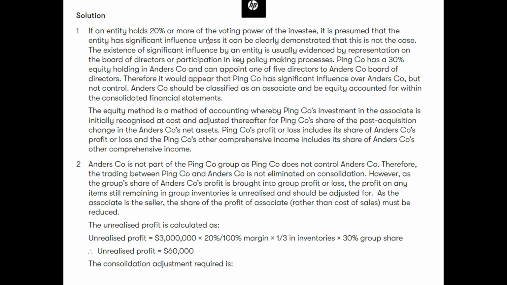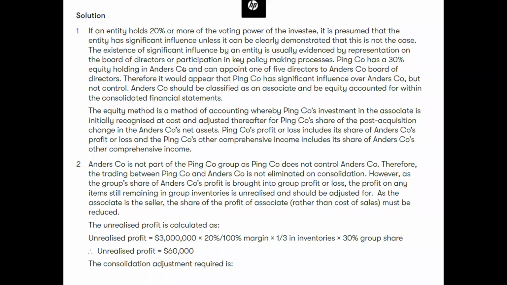So I start off with that assumption, the 20%. So I will mention that. And then I tell them, the significant influence is usually evident by representation on the board, and I will tell them that I now have representation on the board because I can appoint 1 director out of the 5, and I also have 30% equity share.